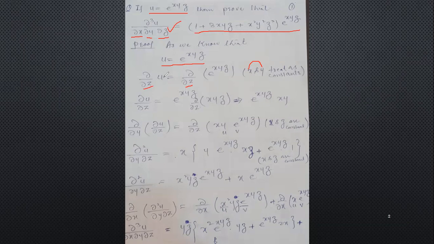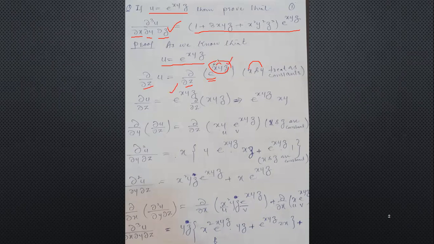So partial derivation of u with respect to z equals derivation of the exponential function. First we write the same exponential function e power x into y into z. After that we take derivation of its power. Here the power we have is x into y into z. So x and y are constant, we just take derivation of z.